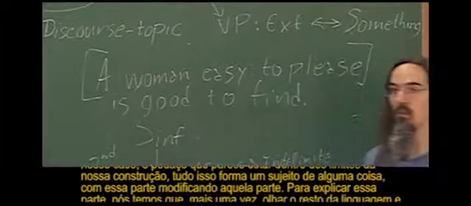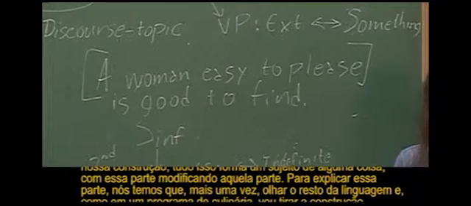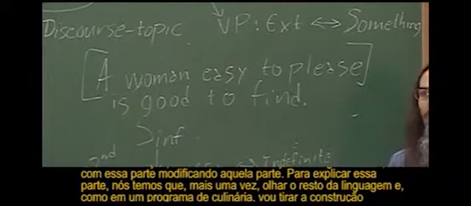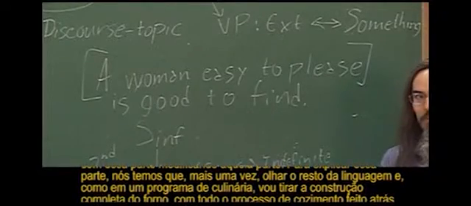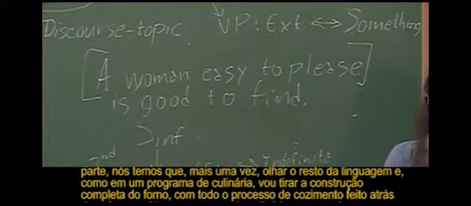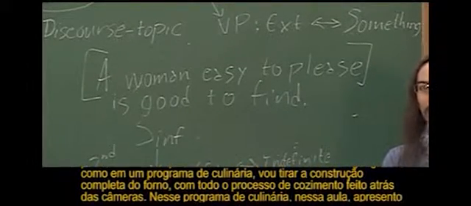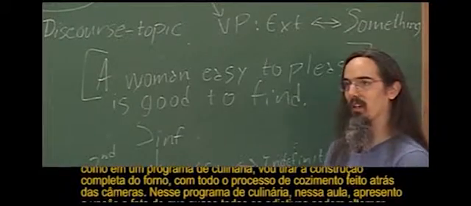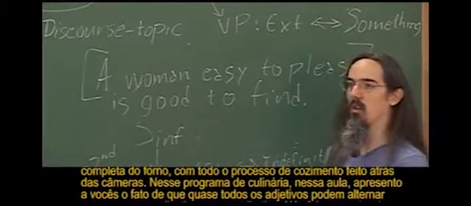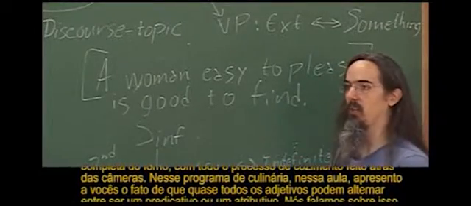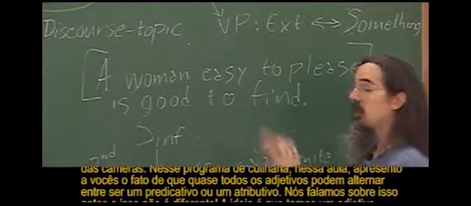To explain this part, we have to again look at the rest of the language, and like a cooking show, I'm going to take that completed construction out of the oven, with all the cooking that we did in order to determine that off screen. So in this cooking show of this class, I present to you the fact that almost all adjectives can alternate between being predicative and attributive. We talked about this before. And this is no different.